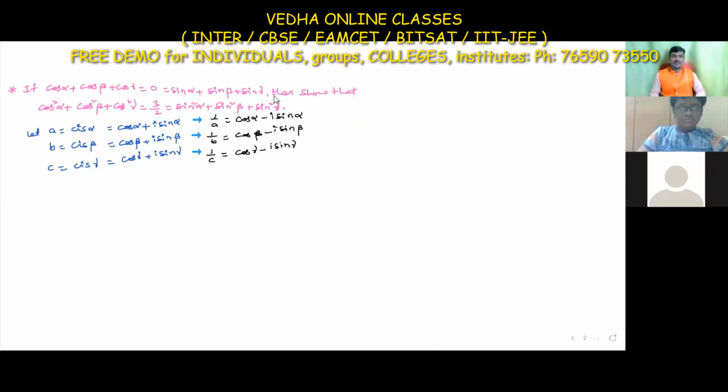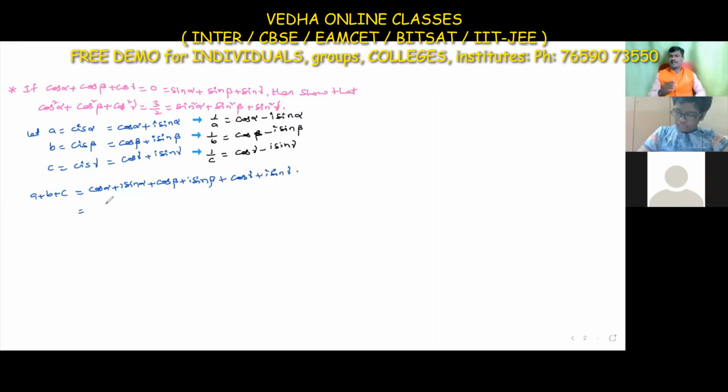Now I am taking A plus B plus C. Find the value of A plus B plus C: A is cos alpha plus i sin alpha, B is cos beta plus i sin beta, and C is cos gamma plus i sin gamma.